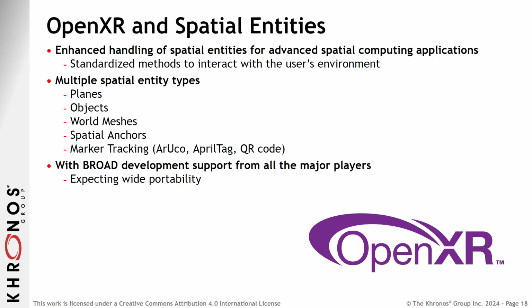Every runtime vendor has to kind of come up with their own way of allowing you to interact with these different entities, and we think it's a perfect time to start to bring that under the umbrella of the API.